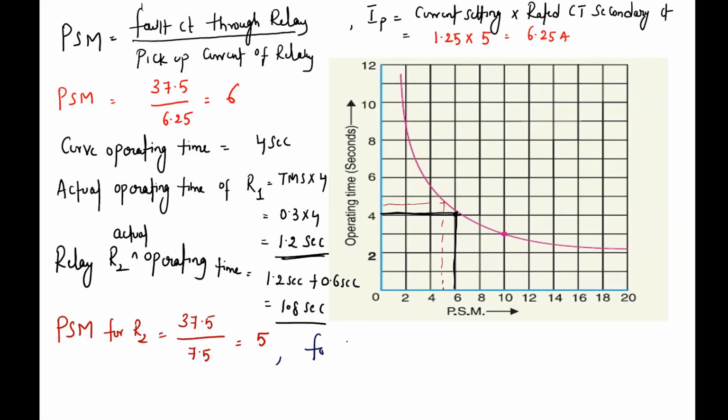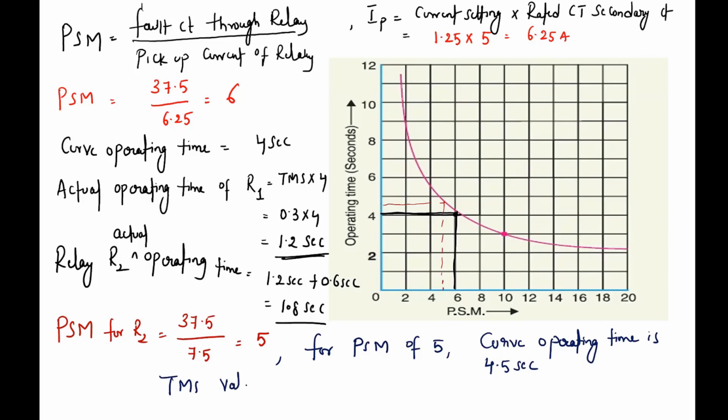So for a PSM of 5, the curve operating time is, let us say, 4.5 seconds. But what is our desired operating time? 1.8 seconds. So what should be the TMS value for R2?